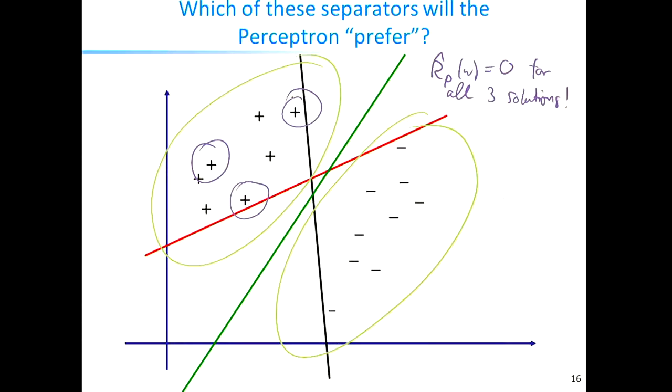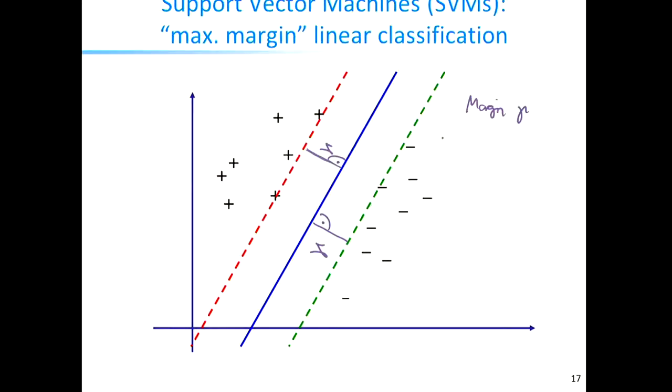This point is very close to this one, and this data point is very close to the red one, so they have very small margin. Whereas the green one has very large margin. And so the linear decision boundary that has the largest margin is the decision boundary that we seek to identify when solving the support vector machine optimization problem.